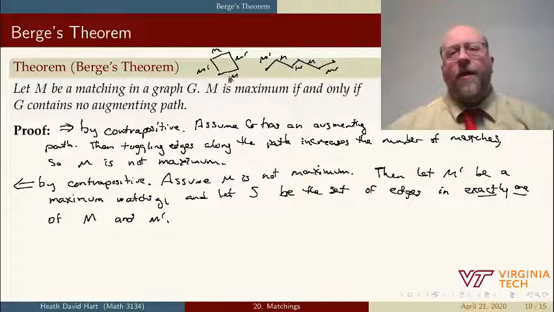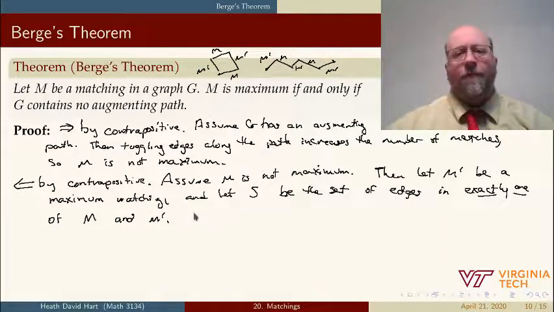But a cycle, because it has to alternate, will have the same number of edges in M and the same number in M prime.